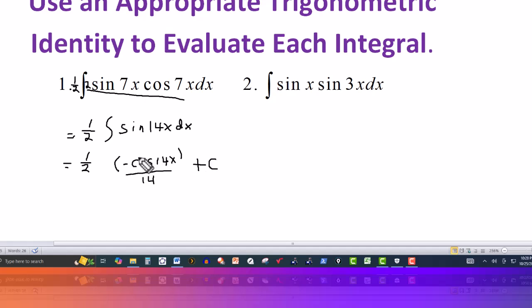If you take the derivative of cosine, it's minus sine, and then you have a minus, so it will become a plus sine of 14x. And then you multiply by the derivative of 14x, which is 14, and that cancels this 14. Of course, the 1/2 is the factor over here, but we're focusing on this right there. Let's just simplify this and write this as minus the cosine of 14x over 28, plus the constant of integration.